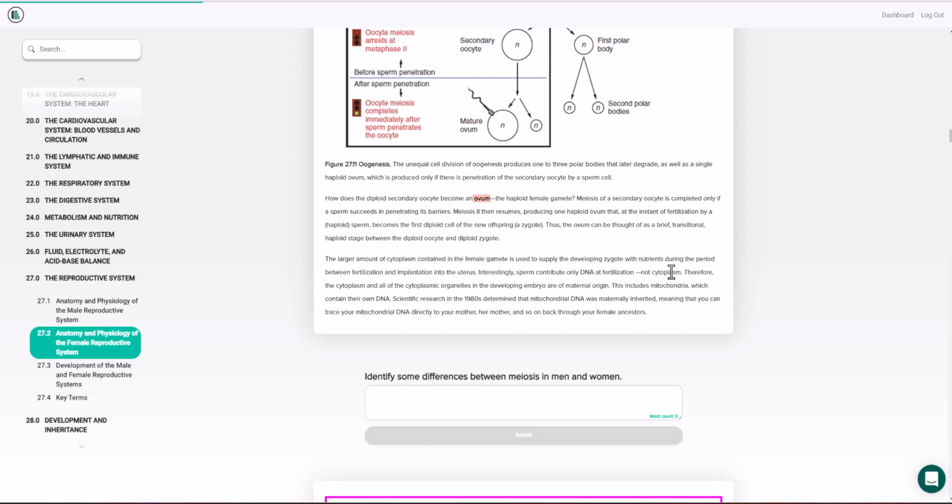And so it's possible to follow maternal bloodlines through mitochondrial DNA testing, because males do not contribute mitochondria to the offspring. So all the mitochondria that you have, everyone in the room, all of your mitochondria came from your mother. Okay, from your mother.